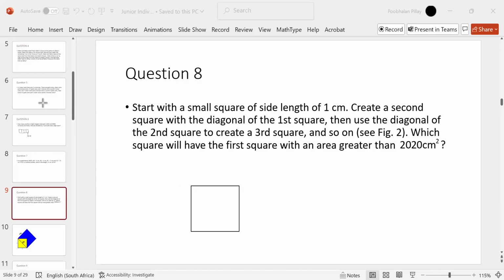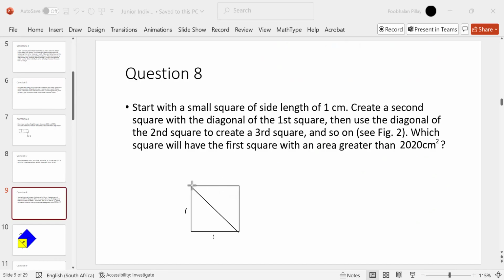Side length is equal to 1. So all the sides are 1. Now create a second square with the diagonal of the first square. So you draw the diagonal of the square here now, and you create a second square on top of this diagonal.